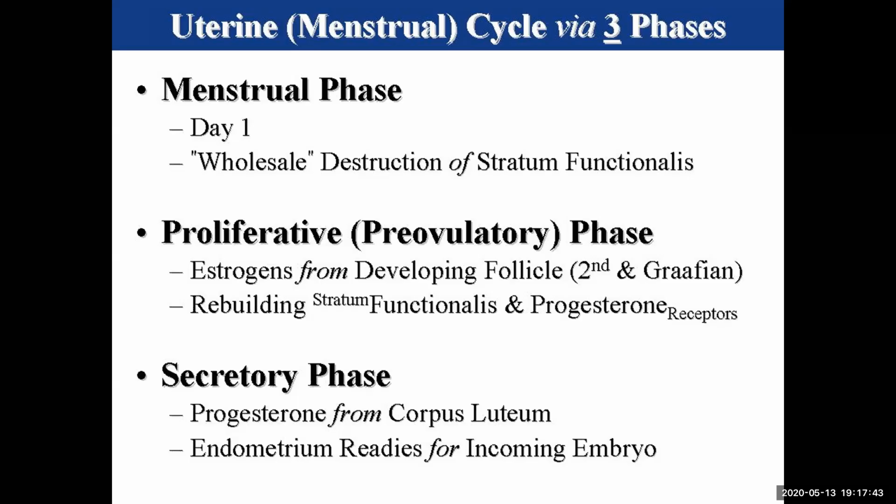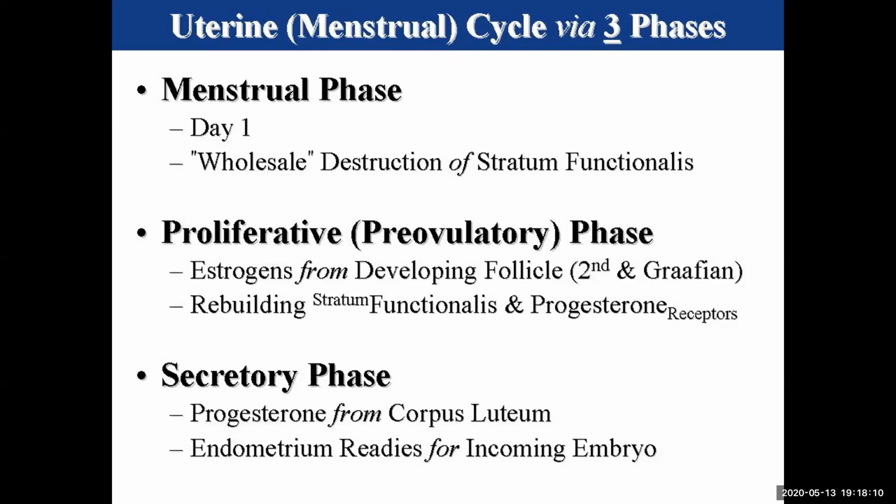So it has 3 phases: menstrual phase, proliferative phase, and secretory phase. The menstrual phase lasts up to 5 days. Again, I hate to generalize like this. It can be anywhere from 5 days to more than a week, depending on the flow of each female individual.